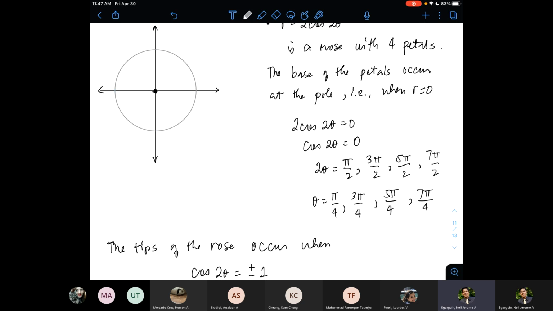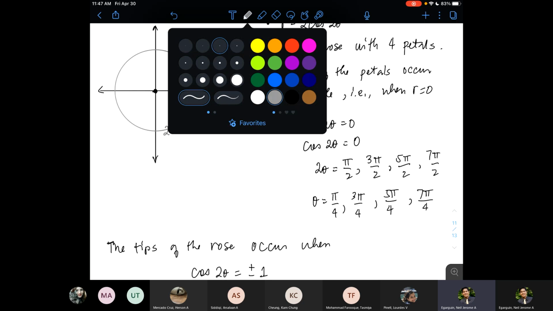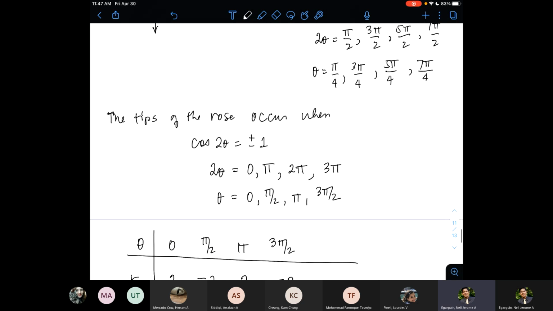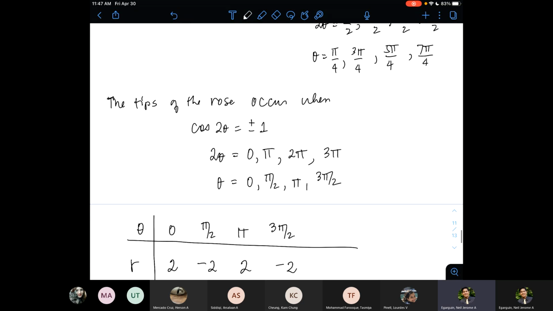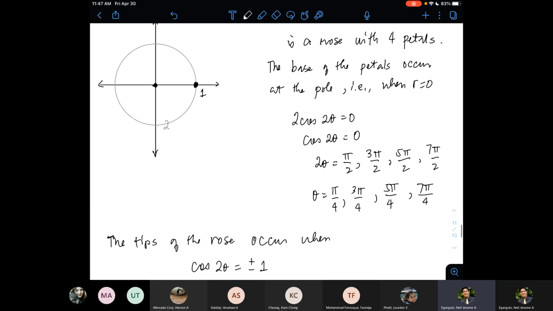Okay, there you go. That's radius 2, right? So when theta is 0, r is equal to 2. So this is my first point, okay? And then when theta is pi over 2, we are at negative 2. So theta is pi over 2, but r is negative 2, so we plot in the opposite direction.